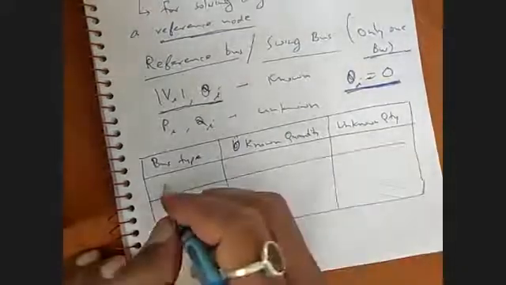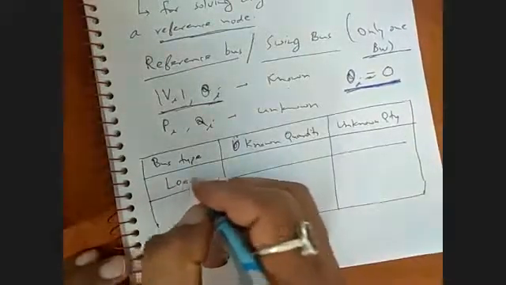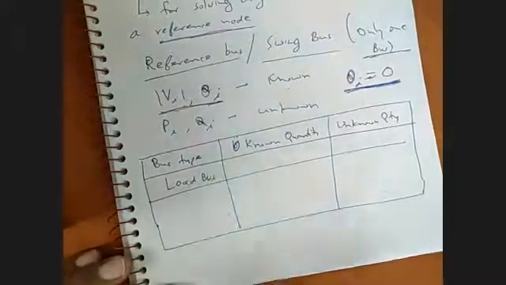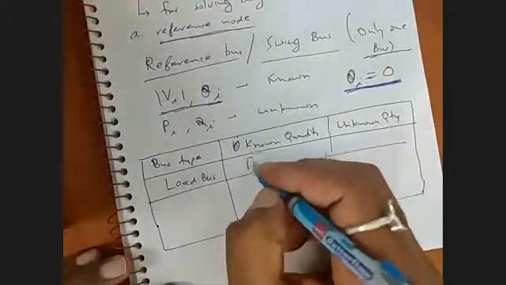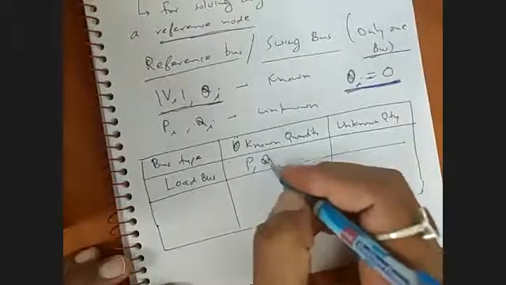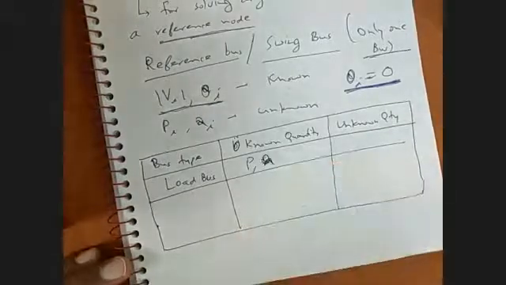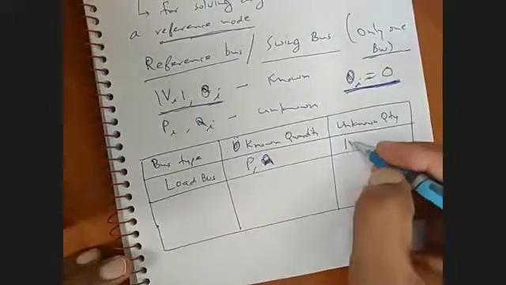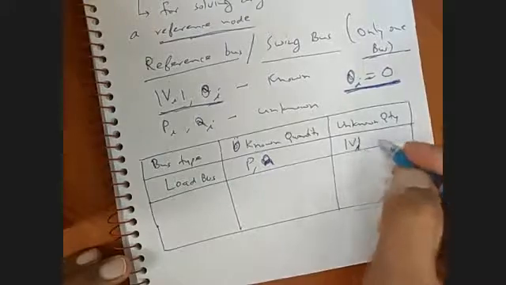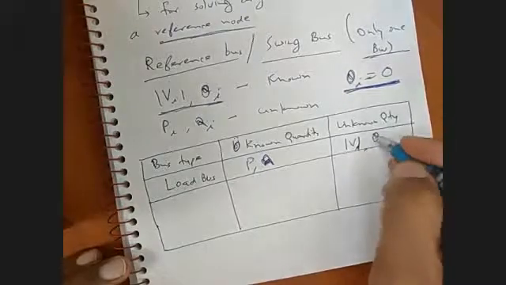First is your load bus. At load bus P, Q are known and magnitude of voltage and angle are unknown.